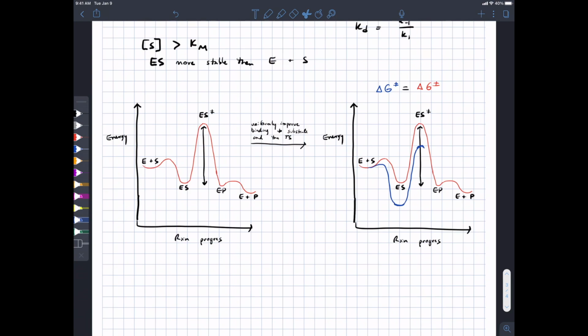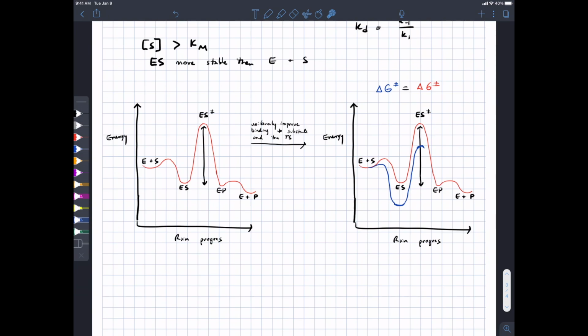Yes, you can get to this point where S is greater than Km if you oversaturate the enzyme. But this could also describe a situation where the physiological concentration of substrate that an enzyme has to deal with is much higher than that enzyme's Km. Okay, so it's not that we're oversaturating, it's just under normal conditions. Right, it's going to be the same both ways.